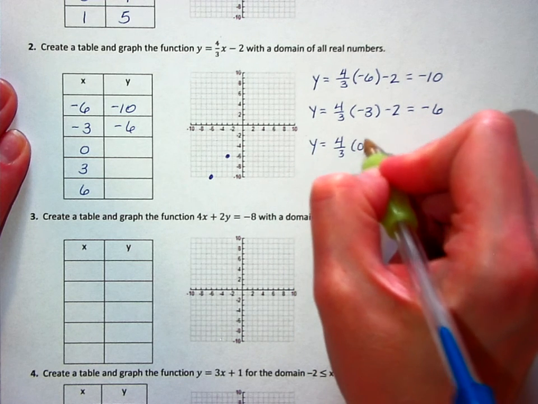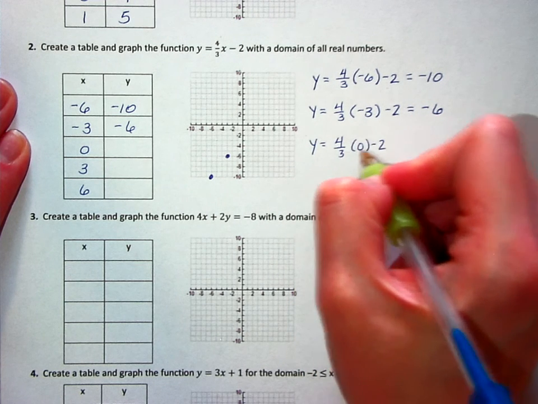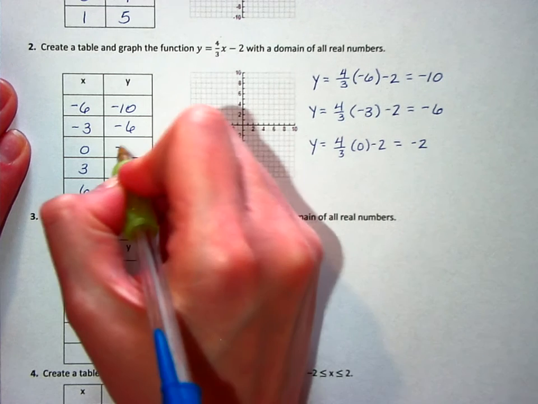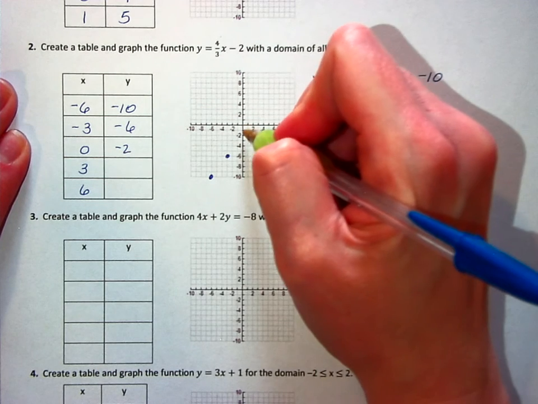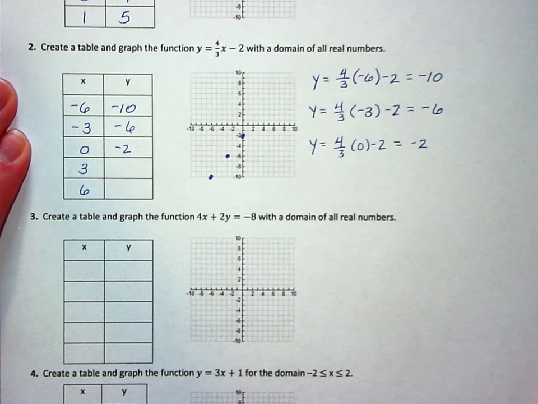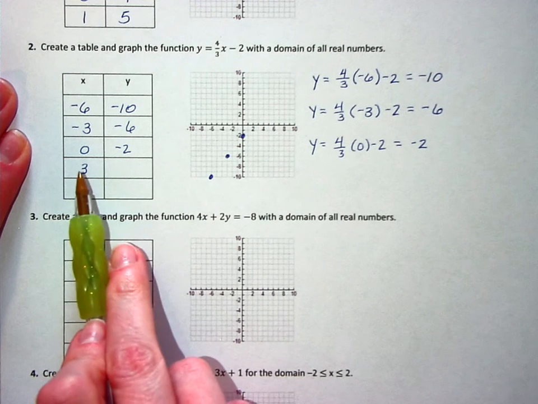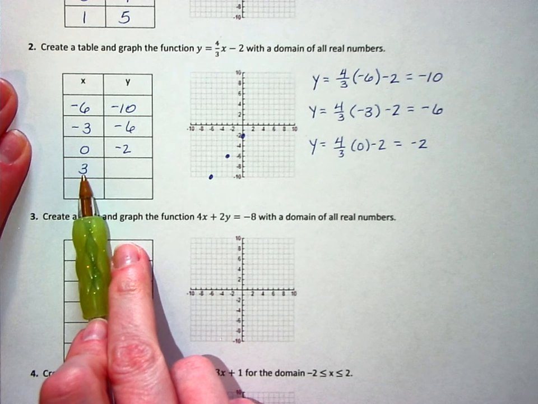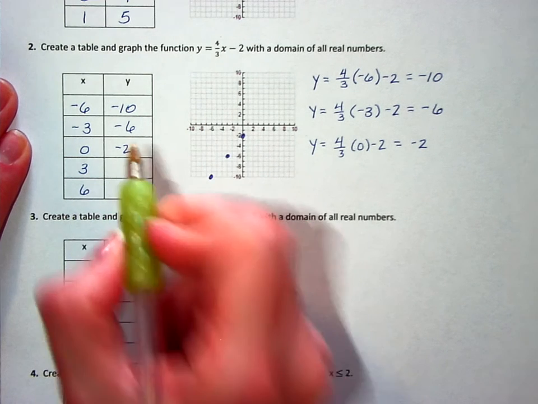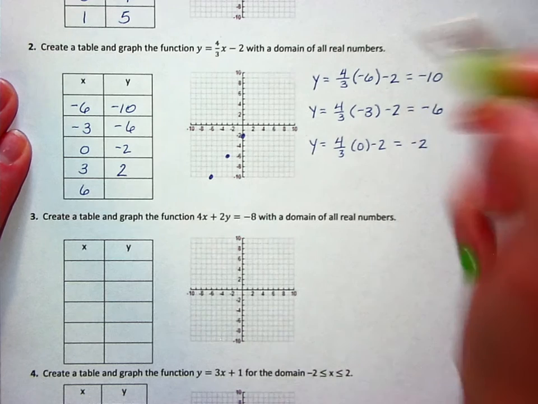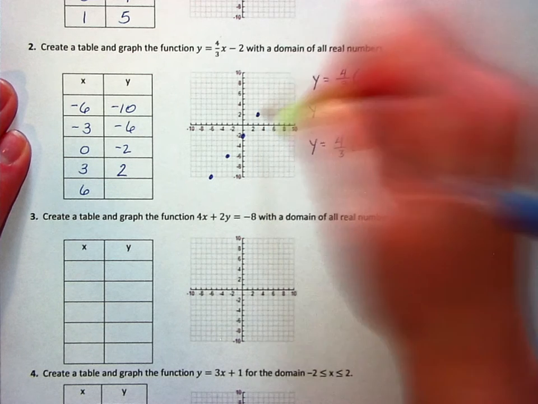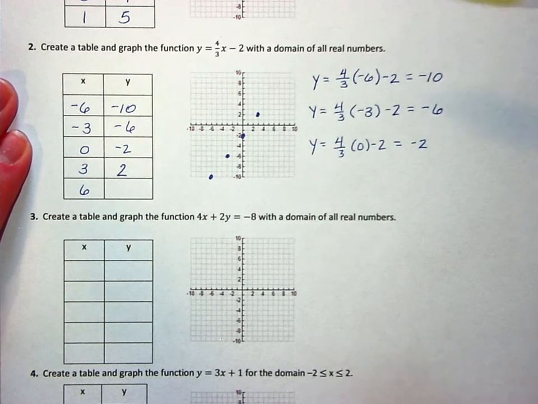Four-thirds times 0. Anything times 0 is 0 minus 2 gives us a -2. Okay, 4/3 times 3. 4 times 3 is 12. 12 divided by 3 is 4. And then 4 minus 2 is 2. So your next ordered pair, 3, 2. Okay, now last one.